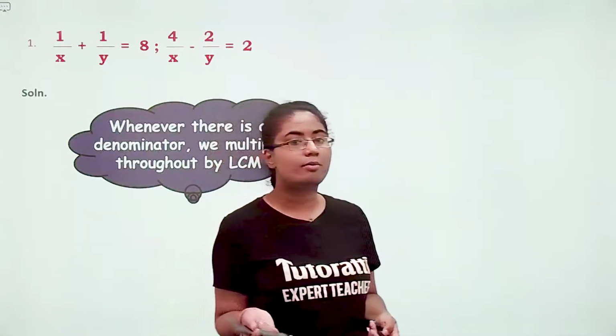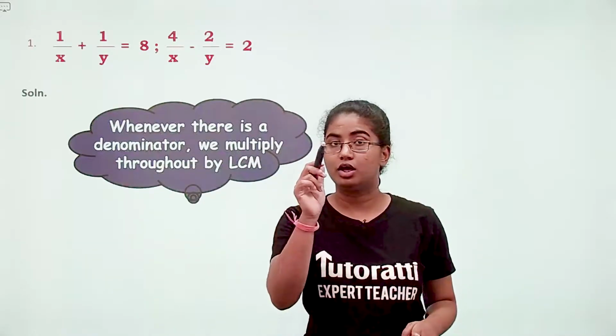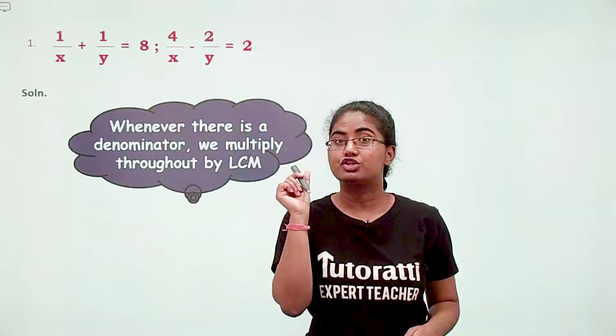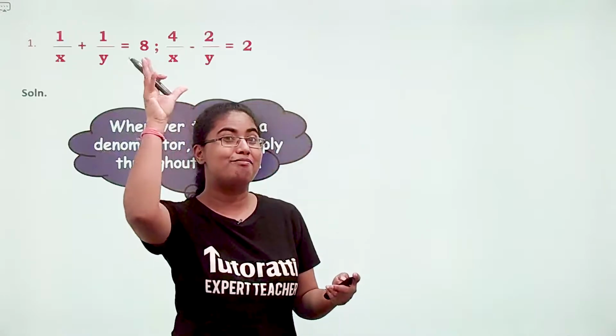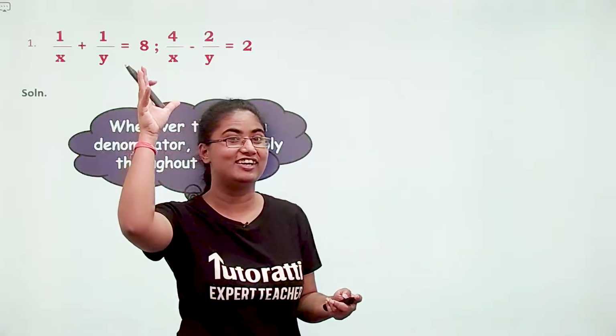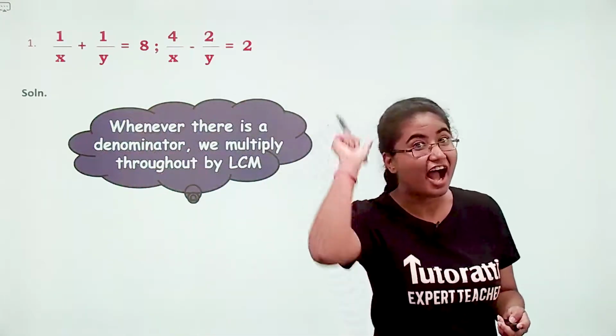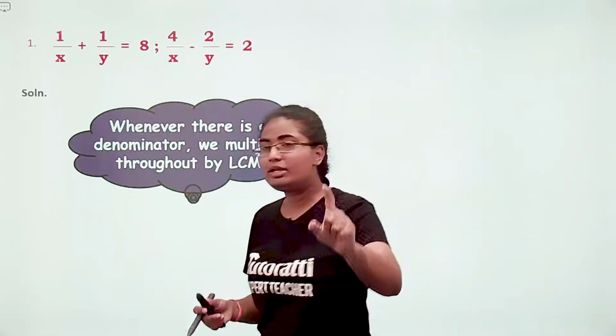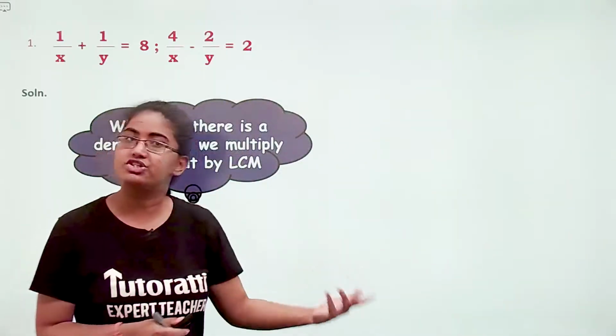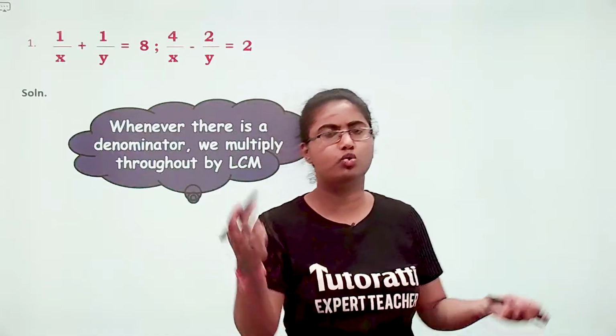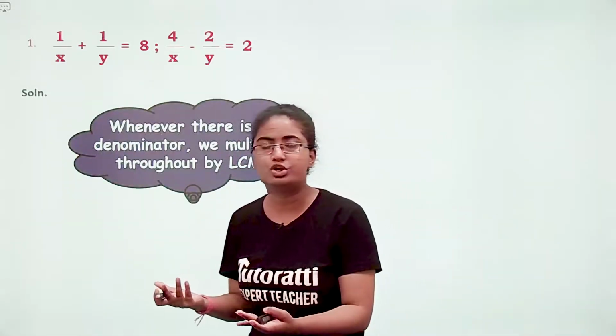Whenever there is a denominator, we multiply it. We do this. Right? ऐसा bulb लगा इधर, I can see it. I can feel it. हमने denominator में already numbers देखे हैं, right? We had x upon 2, y upon 3, such sums, okay? So what do?